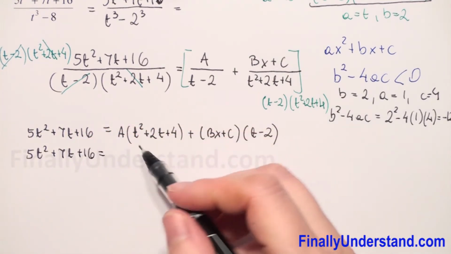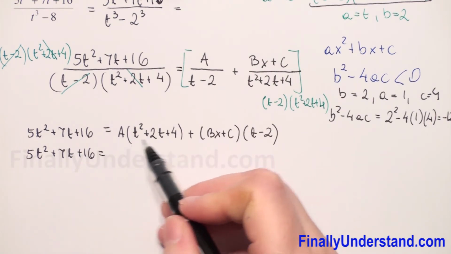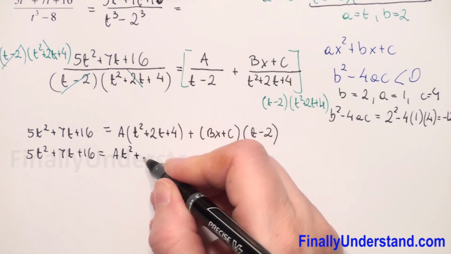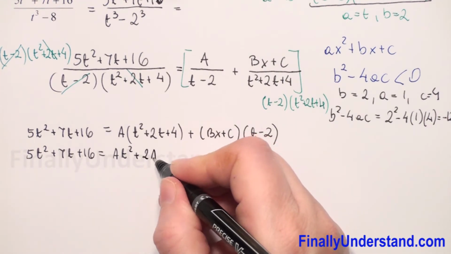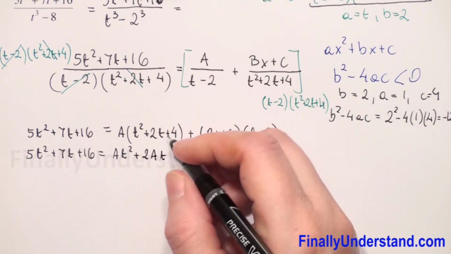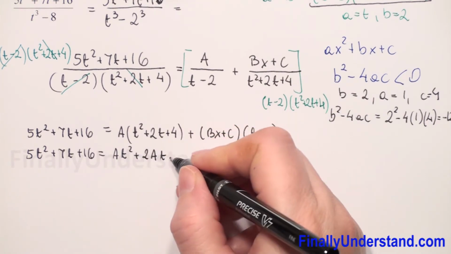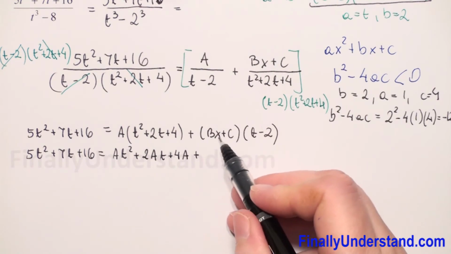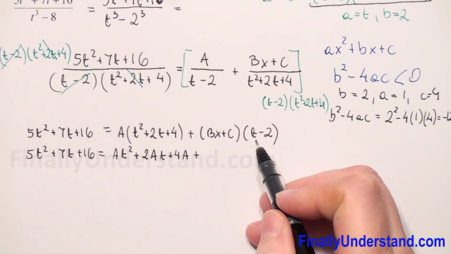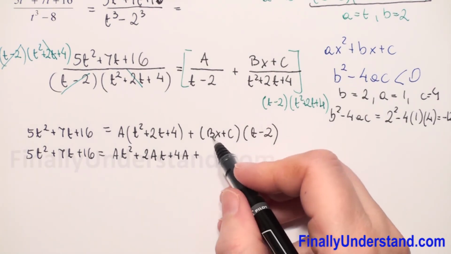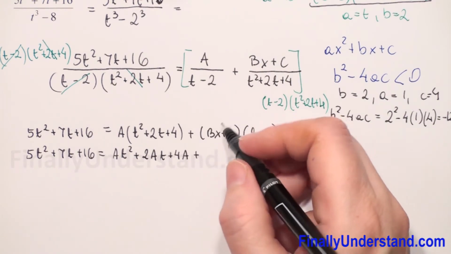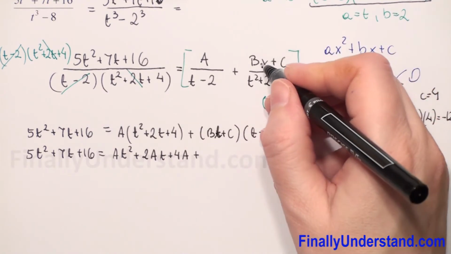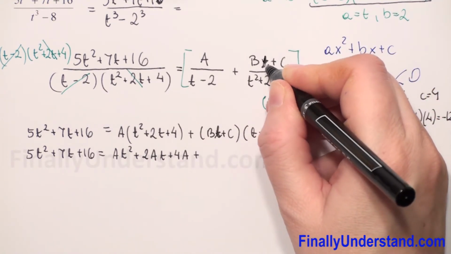So this is equal to: first we have to multiply every expression in parentheses by a, so it will be a t squared plus 2at, and a times 4 is 4a, plus, and now every expression in the first parenthesis we have to multiply by every expression in the second parenthesis. Of course I should write here t because in our example the unknown is t.